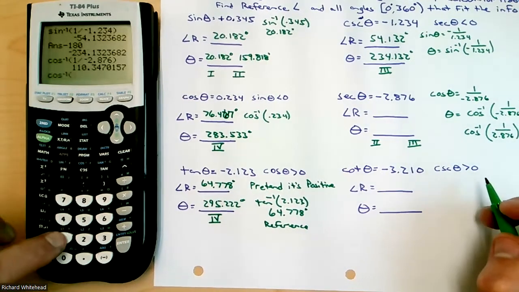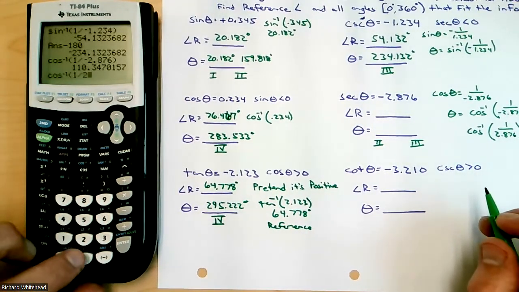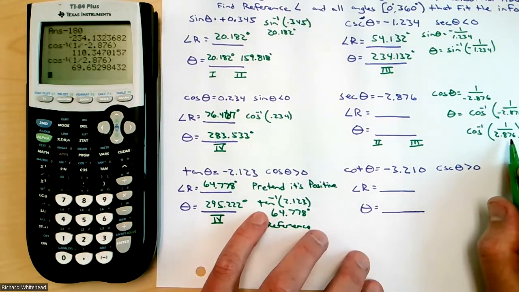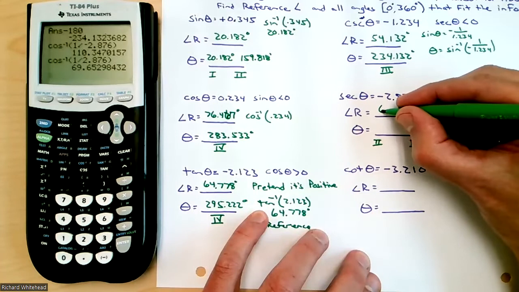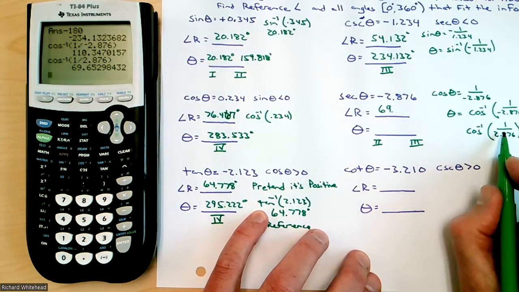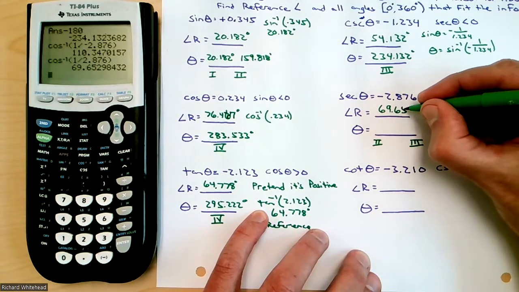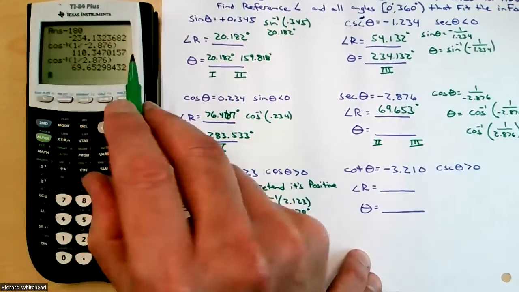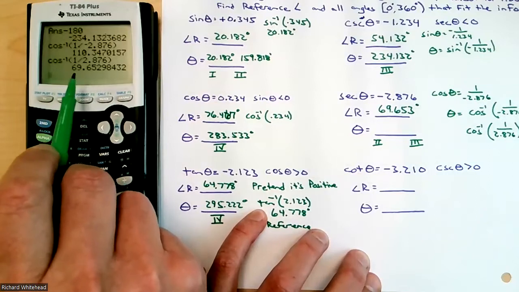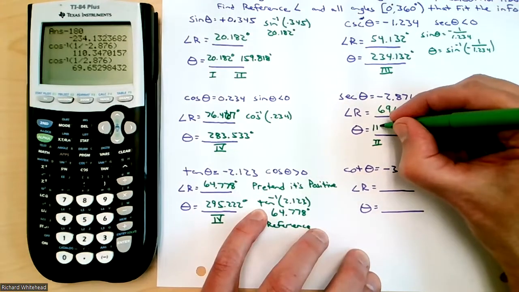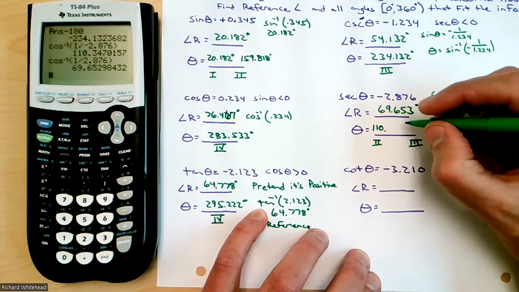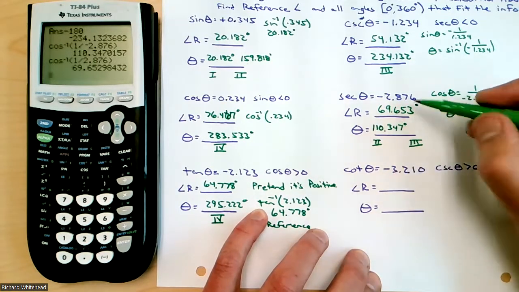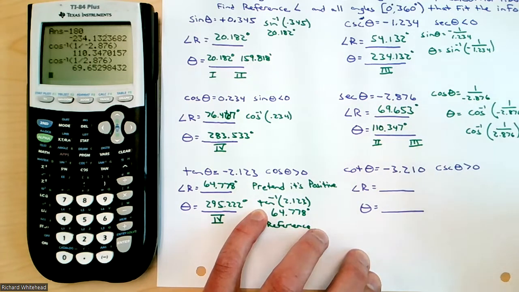Do inverse cosine 1 divided by 2.876, just to find the reference angle. I know some of you are going to say, yeah, but when you did it the first time, we got the 110. That's the second quadrant angle, and I agree with that. You can use that to find the reference angle.